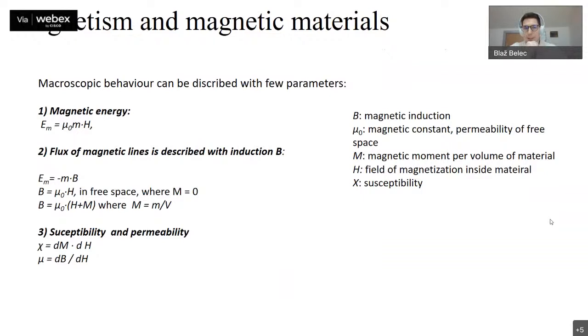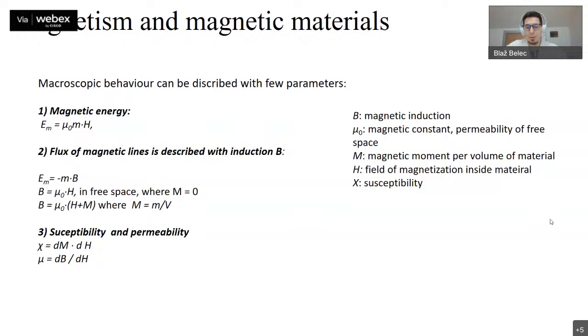So magnetism and magnetic materials and how they respond to the magnetic field, they can be described in a few equations. So when magnetic material is exposed to the external magnetic field, individual atomic moments in the material align toward the external magnetic field and give the overall response.